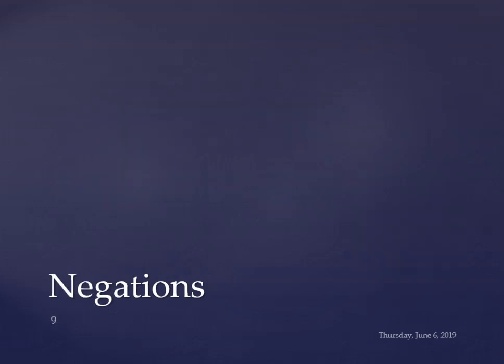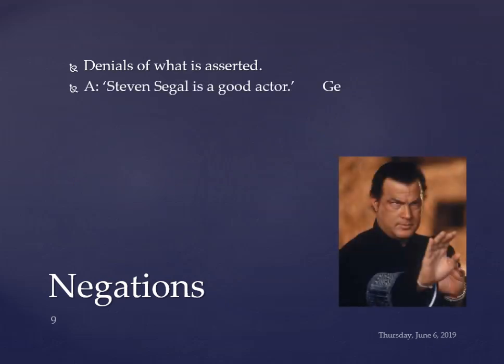Let's talk about negations. At the most fundamental level, negations are just denials of what's asserted. Now, there are different ways of doing this. Somebody might say Steven Seagal is a good actor. Now, I don't know if you know who that is. He was kind of a kung fu 80s movie star that I grew up watching on cable television.